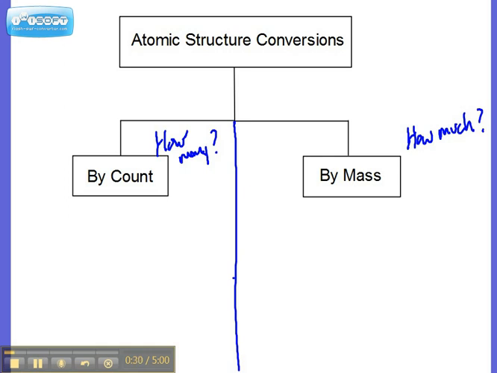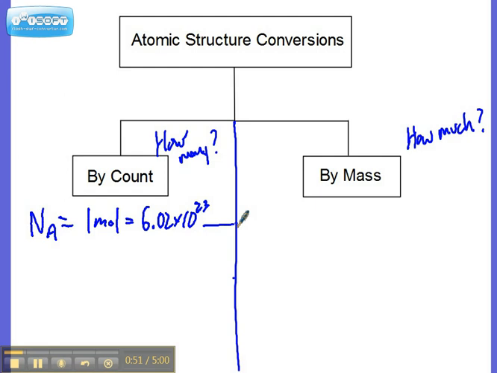The counting variety always involves Avogadro's number, which I'm abbreviating N sub A. Avogadro says that 1 mole is 6.02 times 10 to the 23rd of something. Just a counting number, just a group.